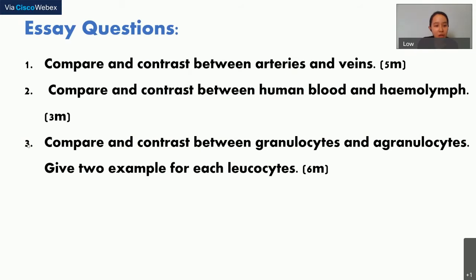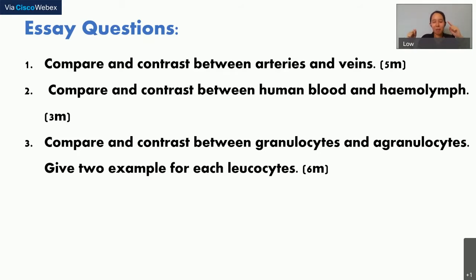The third part is compare and contrast between granulocytes and agranulocytes. Remember, granular leukocyte and agranular leukocyte. So what's the difference? Have granules, lobed nucleus, no lobed nucleus, and give each of them 2 examples. I believe you can do it. You are clever, right?